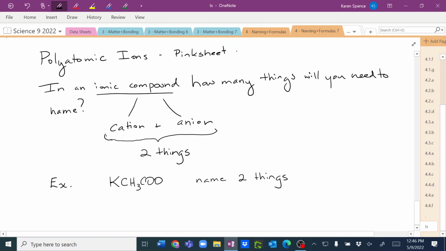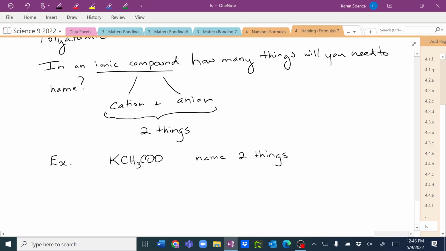Even though you're like, wow, that's a lot of things to name, it's just 2 things. The first thing will always be what? It will always be either a metal or what else? NH4. Okay? So when we look at our compound here, does it start with a metal or NH4?